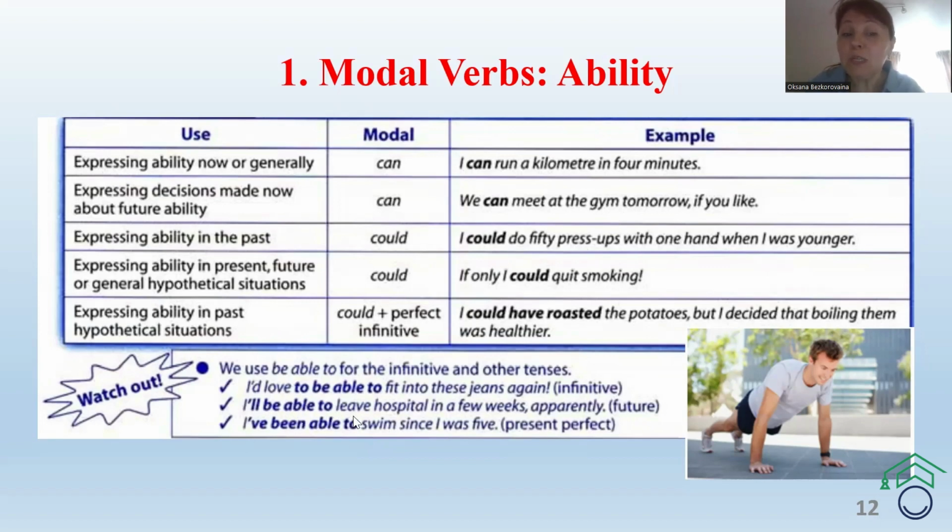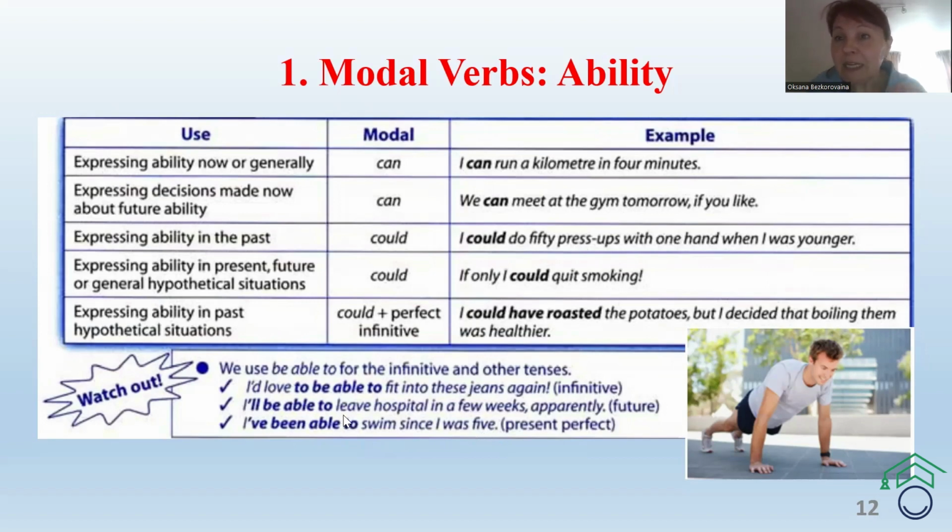I will be able to leave hospital in a few weeks, apparently. The vocabulary is hospitals, healthy lifestyle, that's why it's very special vocabulary. We can't say I can, because it will happen in a few weeks. Present perfect: I've been able to swim since I was 5.